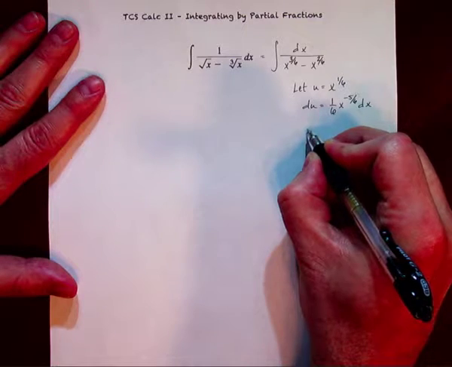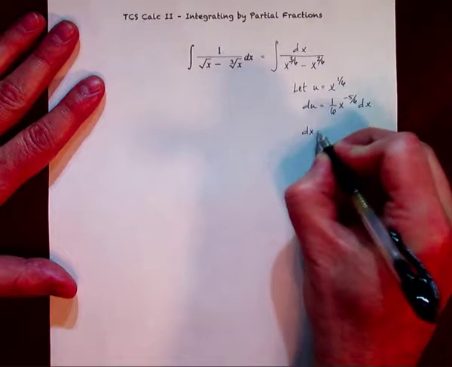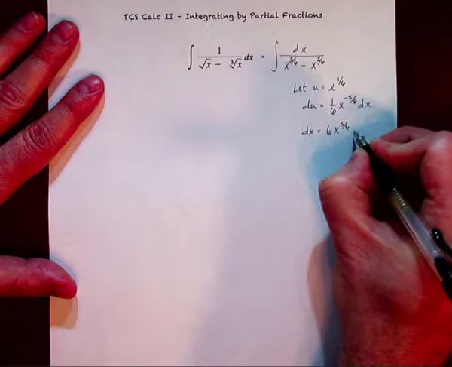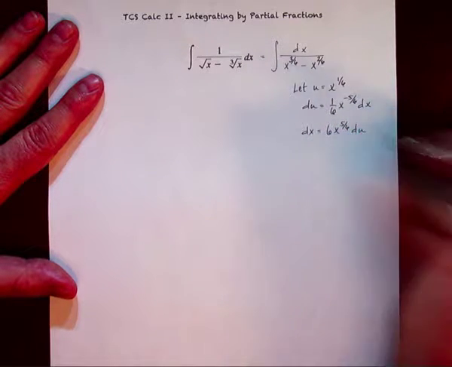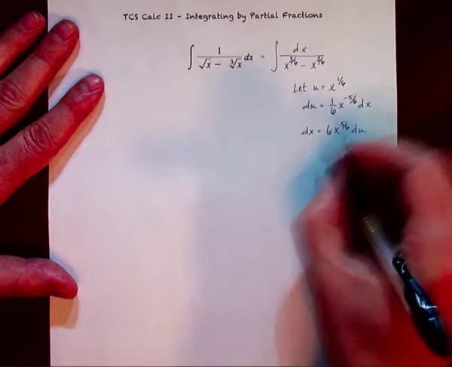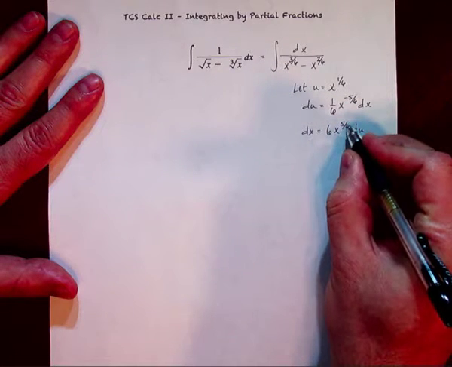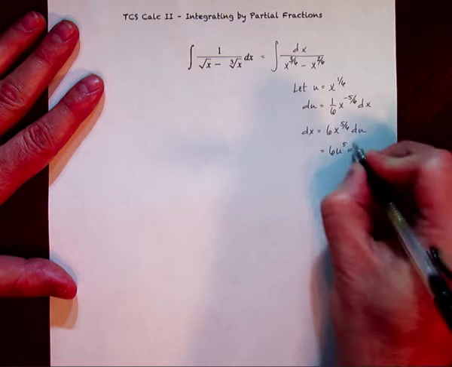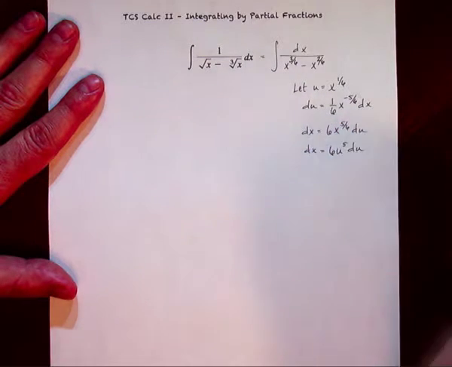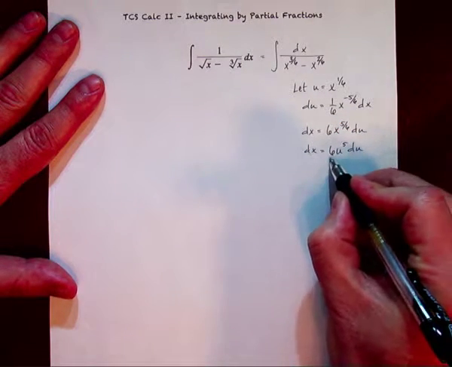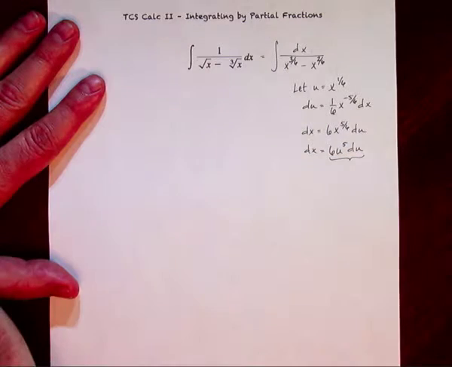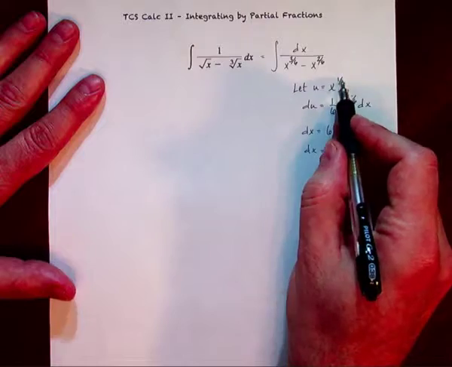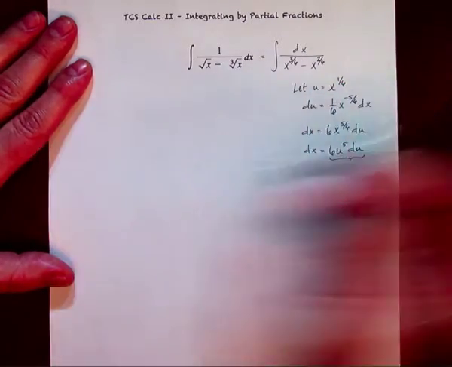We can go ahead and make dx equal to 6x to the 5/6 du. And since x to the 1/6 is u, that becomes 6u to the 5th du is equal to dx. Okay, so this winds up being my substitution for dx. This winds up being my substitution for x to the 1/6.